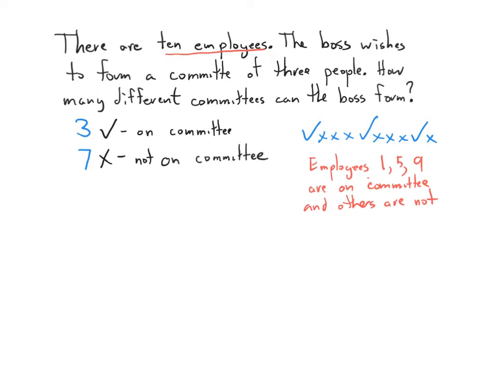So, just like before, any arrangement of these 10 symbols, the 3 check marks and 7 X's, will give us a new committee.